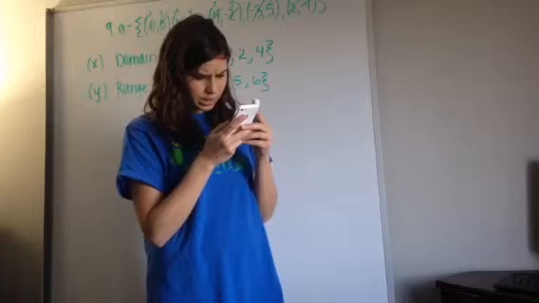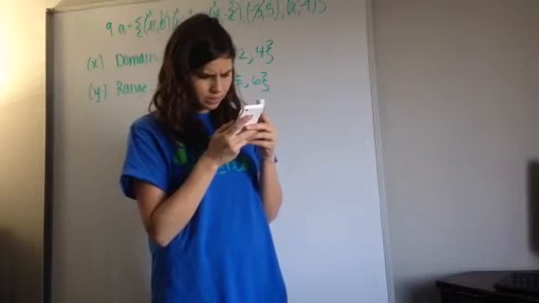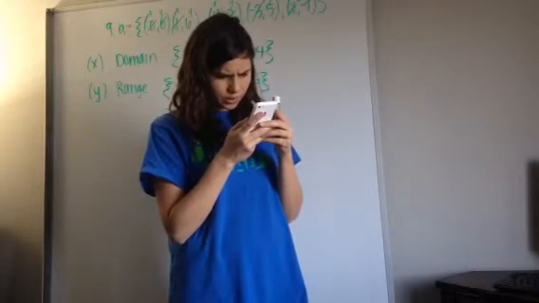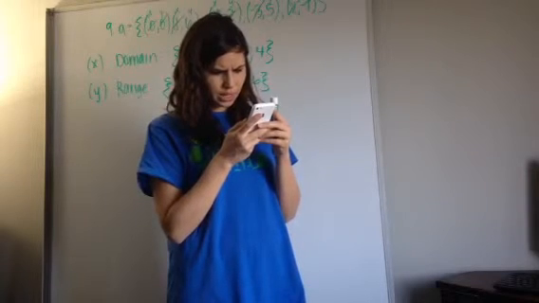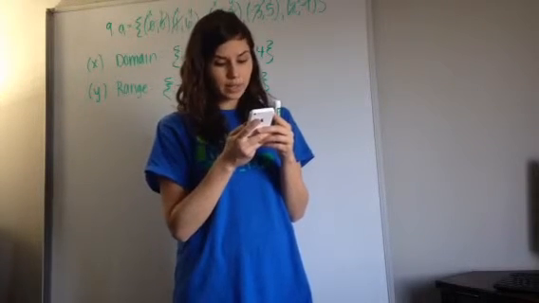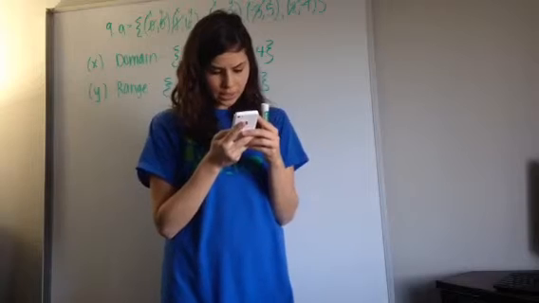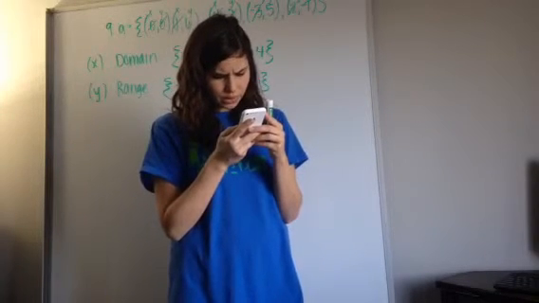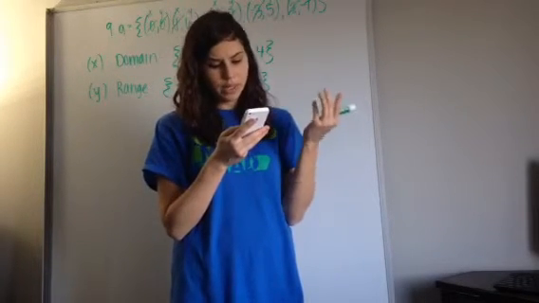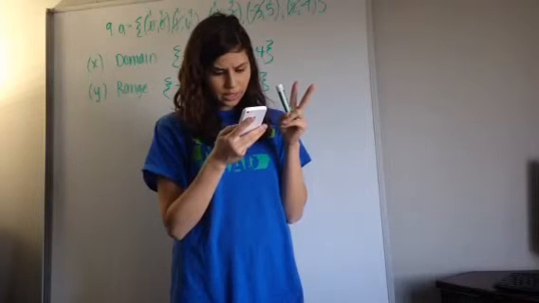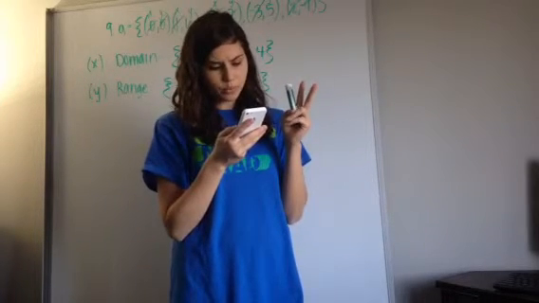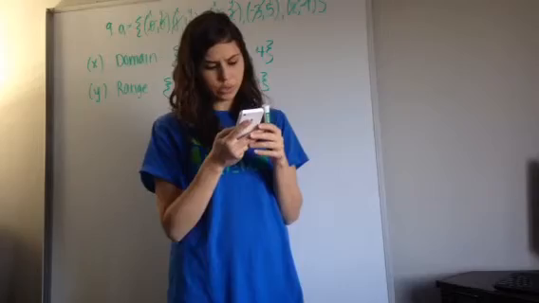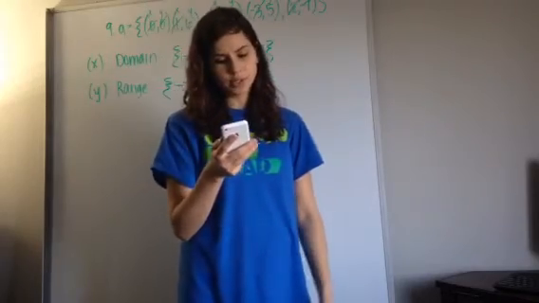Number 15, look at all the y values to see if they're different. 4, 2, 0, 6, -2. They're all different. So yeah, that's a function. Okay, 16, look at all the y values. 0, -5, 0. Oh, there's 2 different zeros, so let's see if the x's are different. Yep, we have 0, 0 and 2, 0, so no, that's not a function.